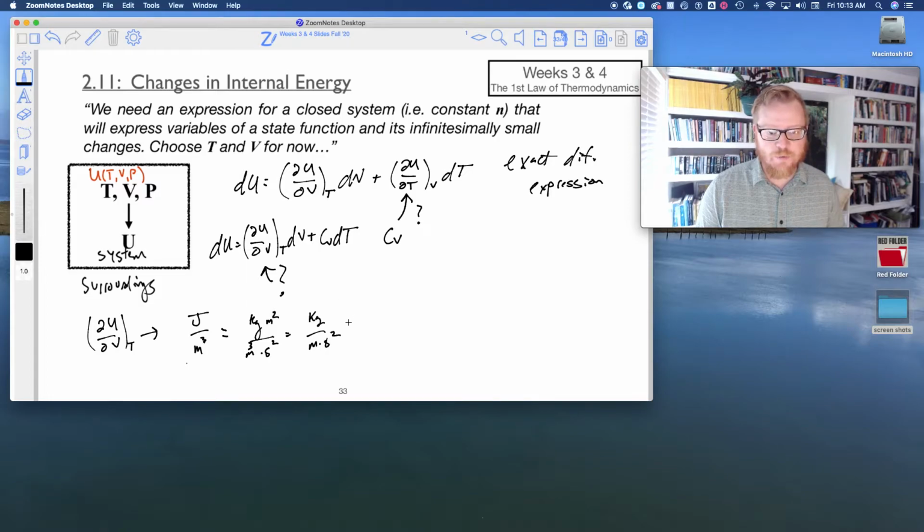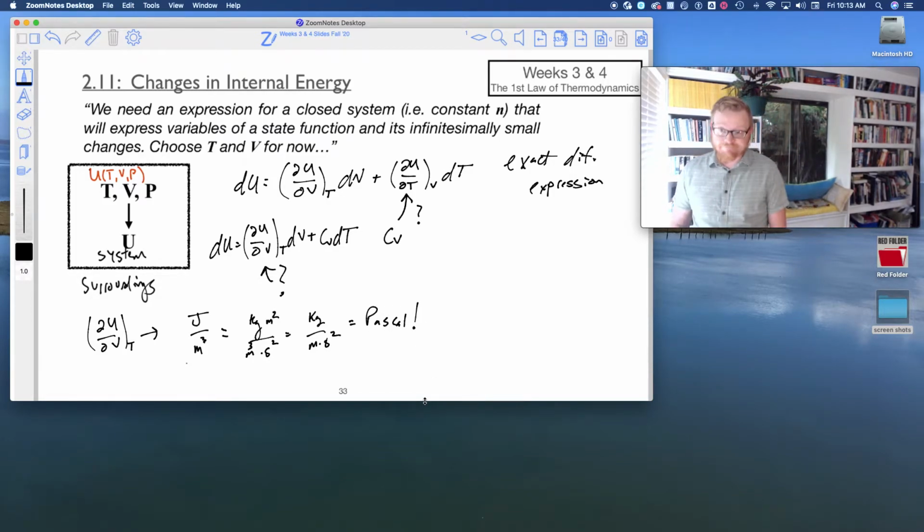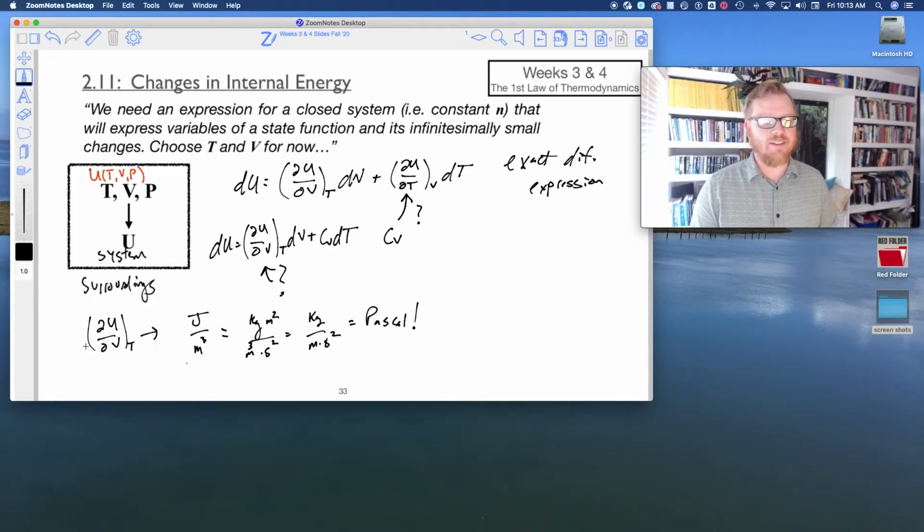And if you were to carefully inspect what a kilogram per meter second squared is, you would find that's a Pascal. So that means this derivative is a unit of pressure. It has to be. If it has units of pascals, it has to be some type of pressure.